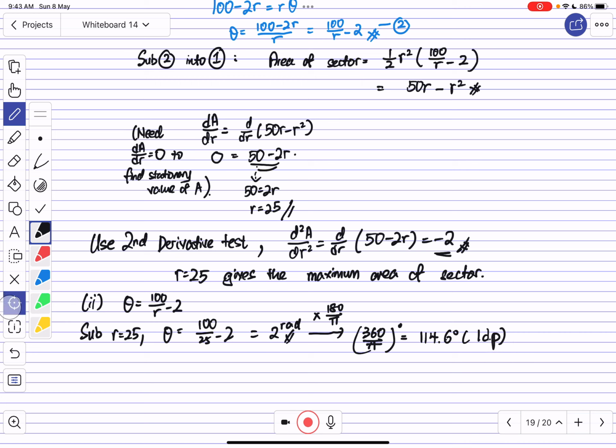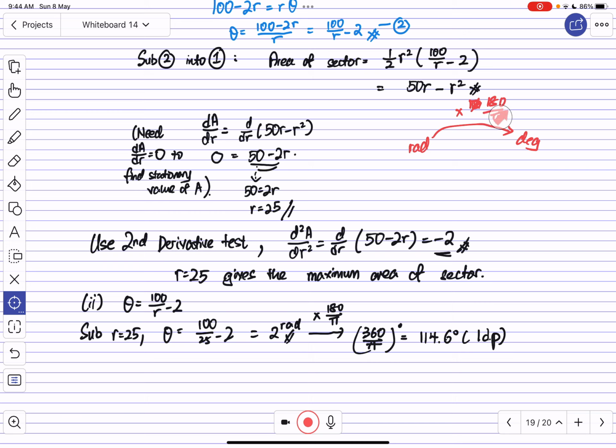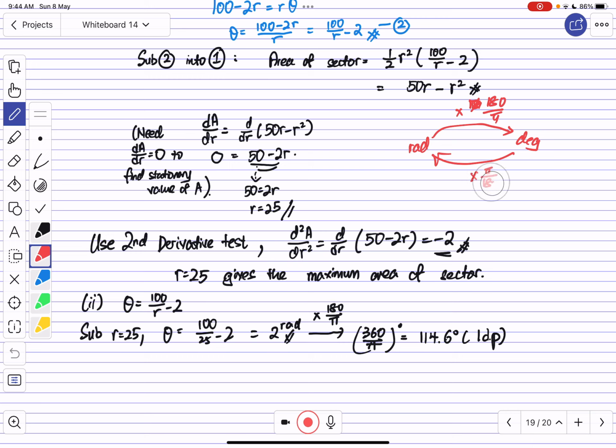So converting from radians to degrees, I need to multiply by 180 over pi. In case you forgot, let me do a quick crash course at the side. If our answer is in radians and I need to convert it to degrees, the idea is that radians are always in terms of pi, so if I want to get rid of the pi, I multiply by 180 over pi. 180 is usually a nice number for degrees, pi is for radians. If I want to convert from degrees to radians, I multiply by pi over 180.